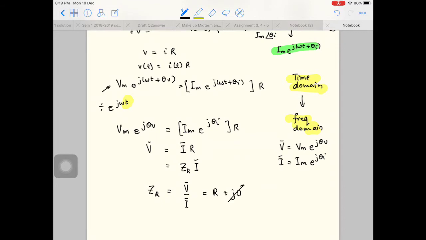We usually do not write the imaginary part, so we get only R there.